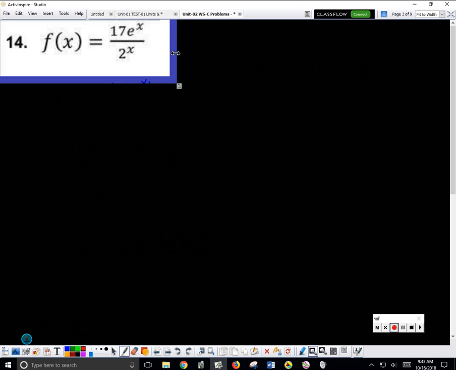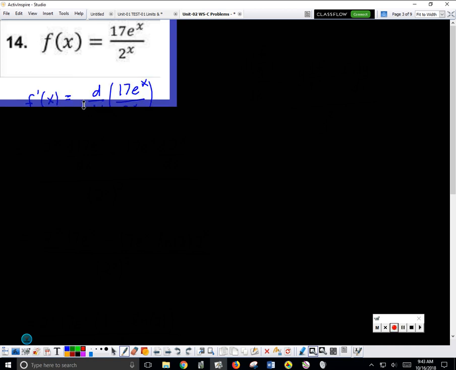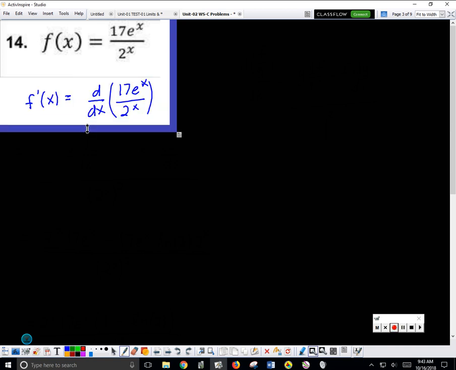It's really easy because they look almost the same. All right, so we take the derivative of both sides again. That's not new.